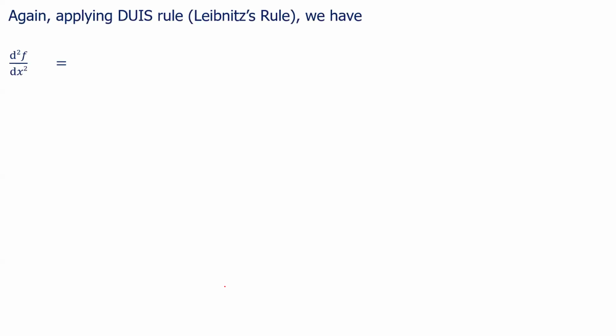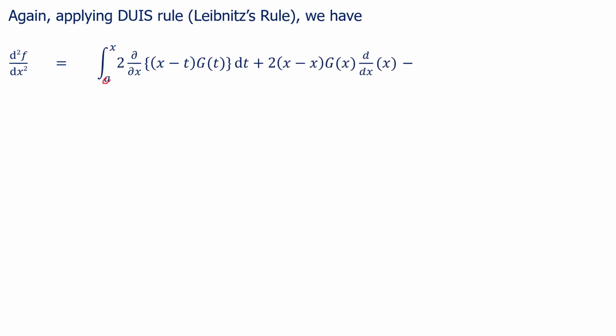Let us again apply DUIS rule. So d²f/dx² is equal to the integral under the limit 0 to x of 2 times the derivative of (x minus t) g(t) with respect to x dt, plus 2 times (x minus x) g(x), replacing t by the upper limit x, and the derivative of the upper limit with respect to x, minus 2 times (x minus 0) g(0), not whole square, only x minus 0, and the derivative of the lower limit 0 with respect to x.